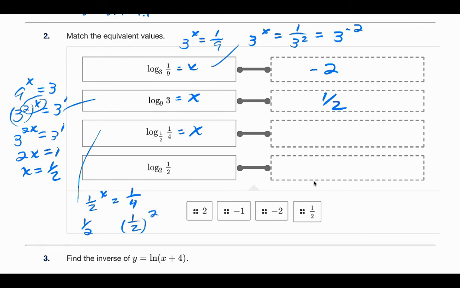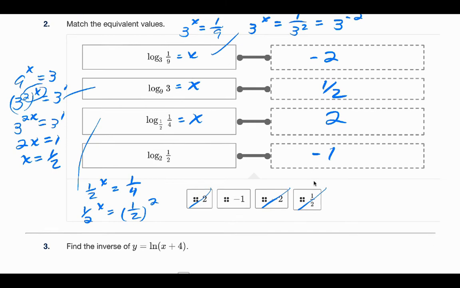So 1/2 to the x is equal to 1/2 squared. Again, our bases are the same, so we can state that our exponents are going to be equal. In this case, x is equal to 2. Then by process of elimination, since we've already used -2, and 1/2, and 2, the last one has to be -1.